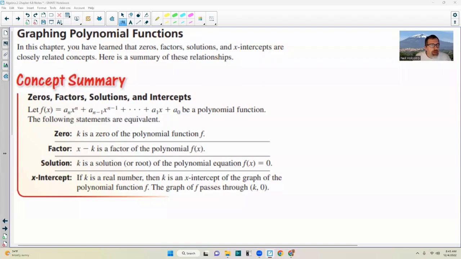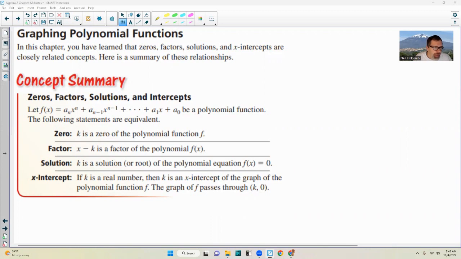Okay, so graphing polynomial functions. In this chapter, you have learned that zeros, factors, solutions, and x-intercepts are closely related concepts. Here is a summary of these relationships. The concept summary covers zeros, factors, solutions, and intercepts. Let f of x be a polynomial function. The following statements are equivalent. Zero: k is a zero of the polynomial function f.